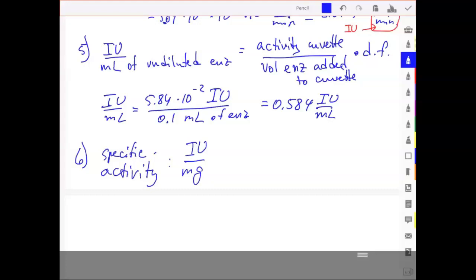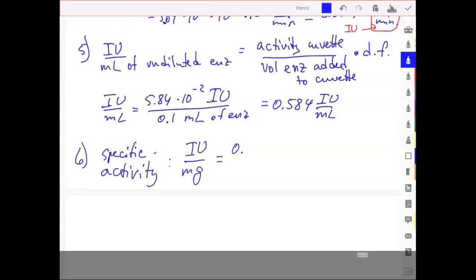And to do that, for us, the easiest is to just go IU per ml divided by mg per ml. So we take item 5, IU per ml of undiluted, and divide by concentration of protein undiluted.